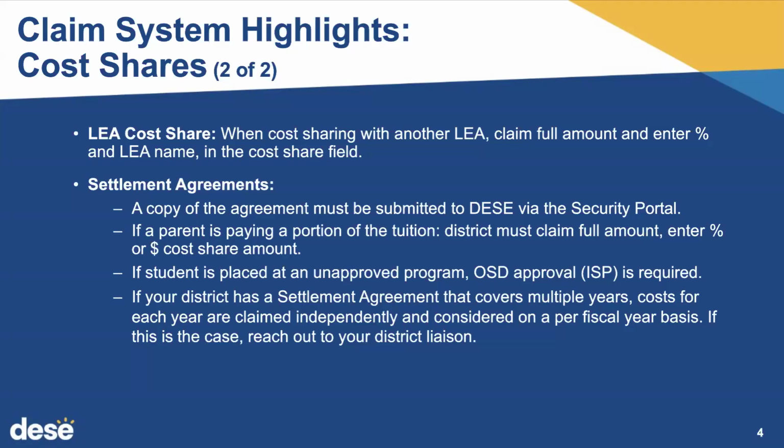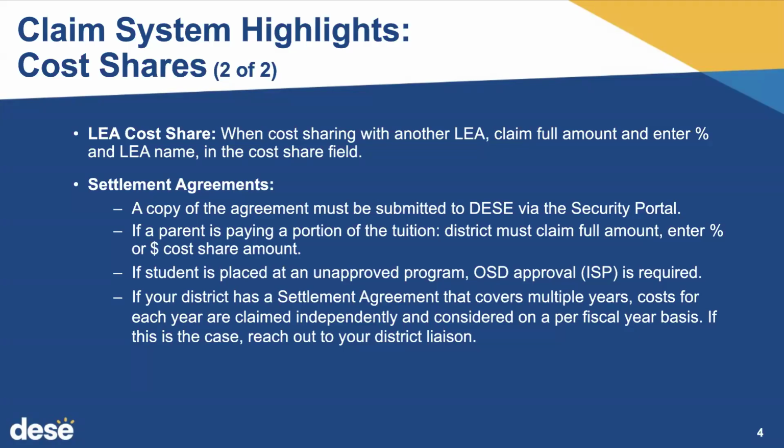If you have a parent that's paying a portion of the student's tuition, you're claiming the full amount of the student's placement, and then you're entering either the percent that the parent is paying or the dollar amount that the parent is paying. And these should match what is outlined in the student settlement.